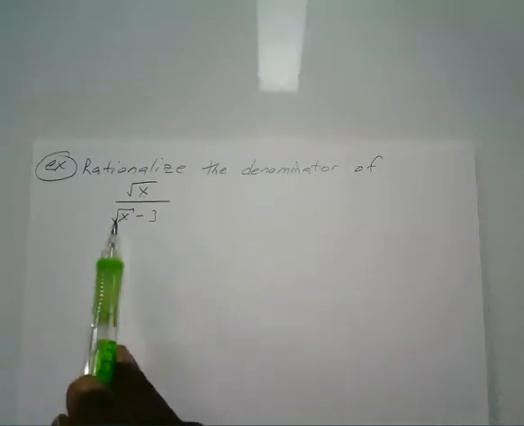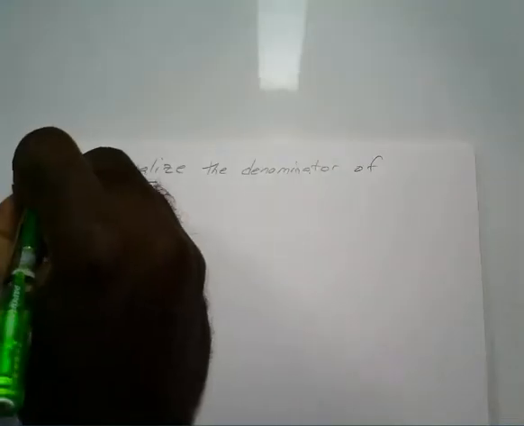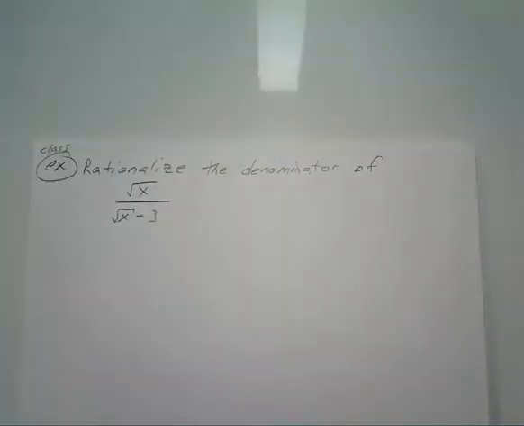Okay, remember, now you have two terms. Okay, so what I want you to do is go ahead and press pause, and I want you to work on this one using the same steps that we used on the other example that we had two terms in the denominator.